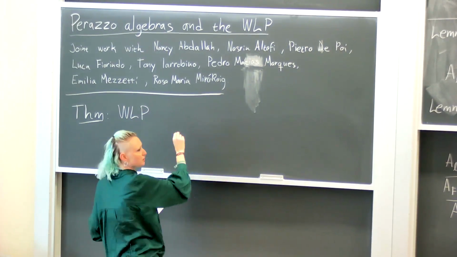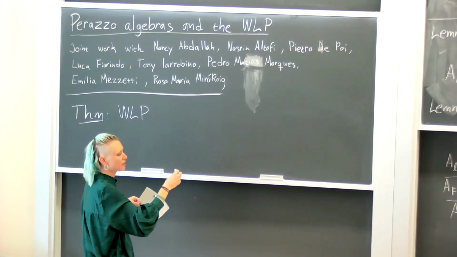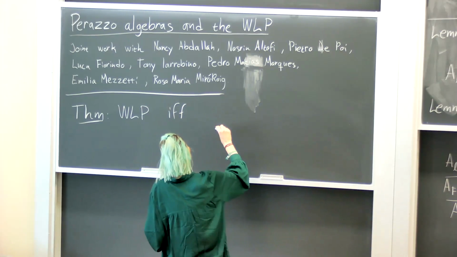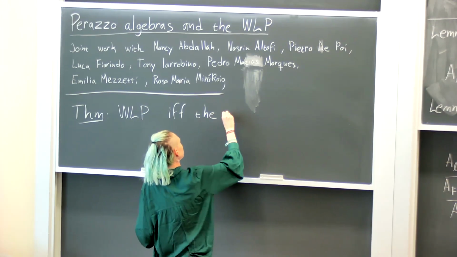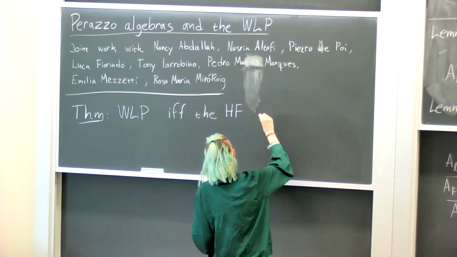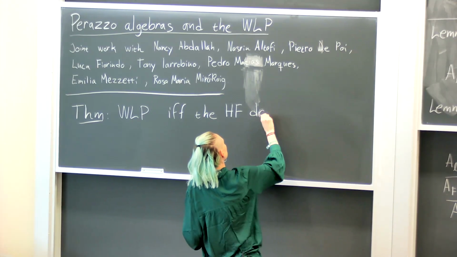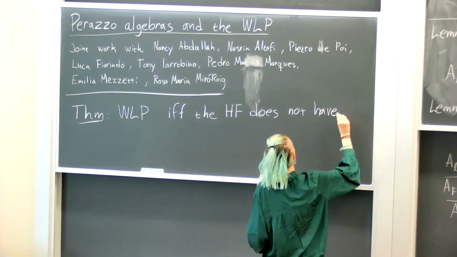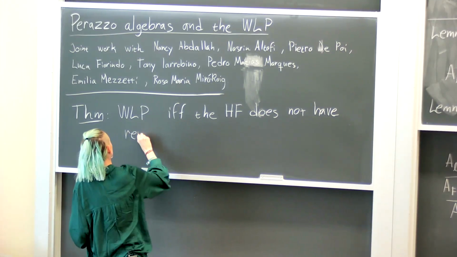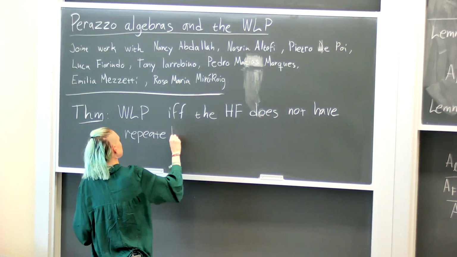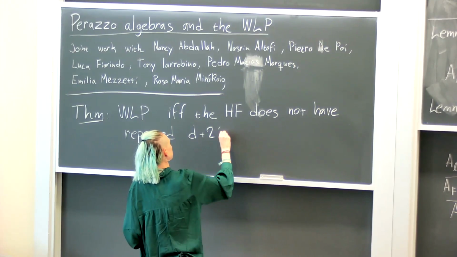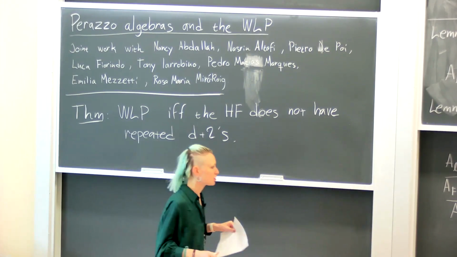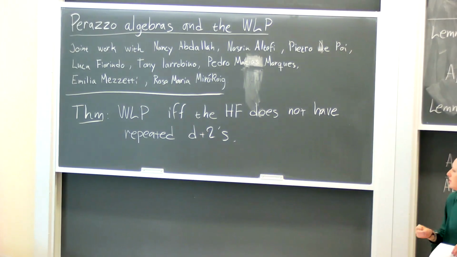So we have the WLP for these Perazzo algebras in 5 variables if and only if the Hilbert function does not repeat the d+2s in it.